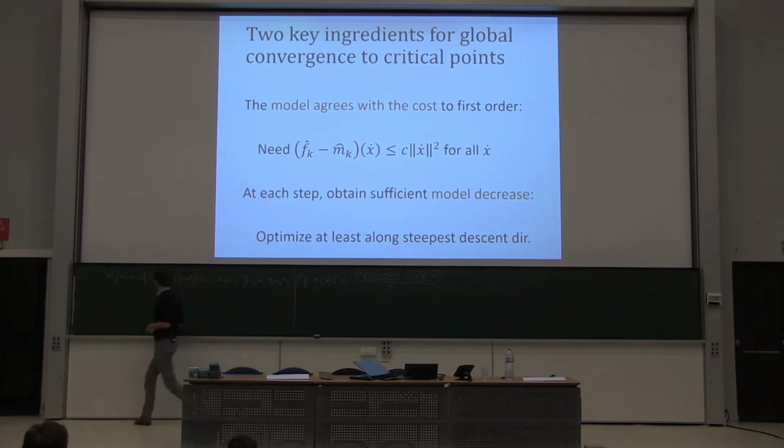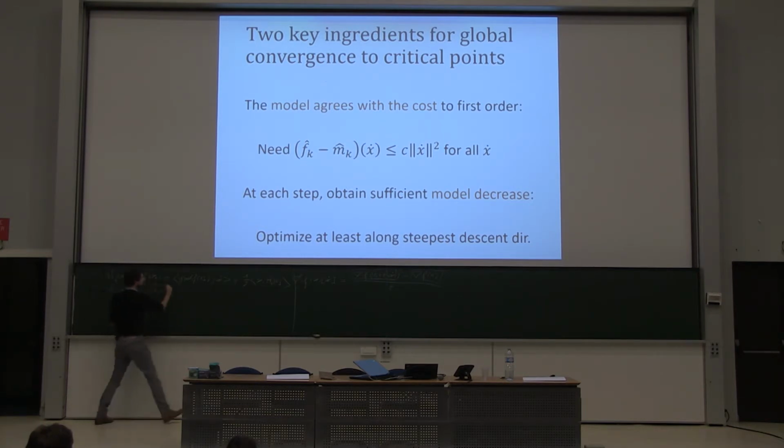Something like this. And then f hat k at x dot was the composition of f with a retraction. So it's f composed with a retraction at xk of x dot.